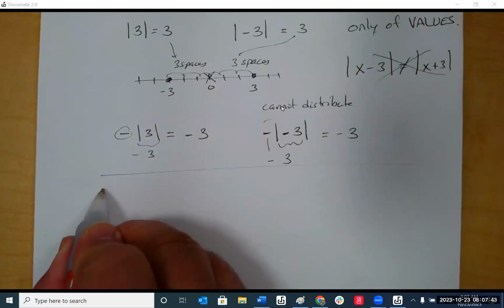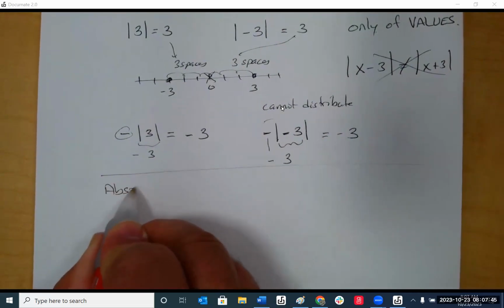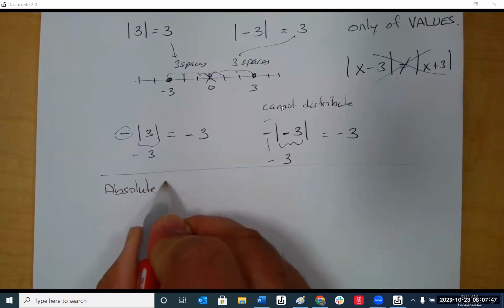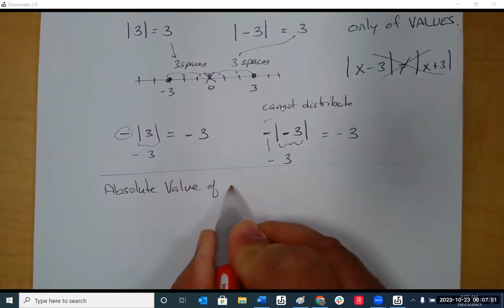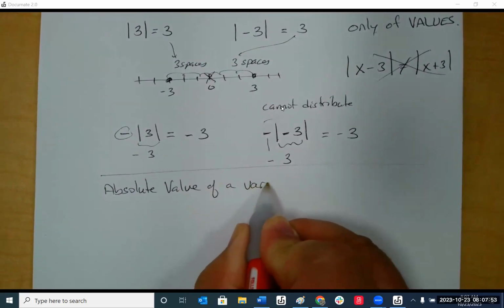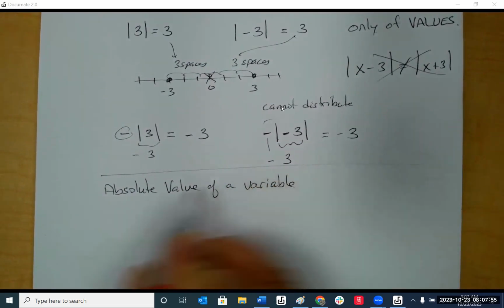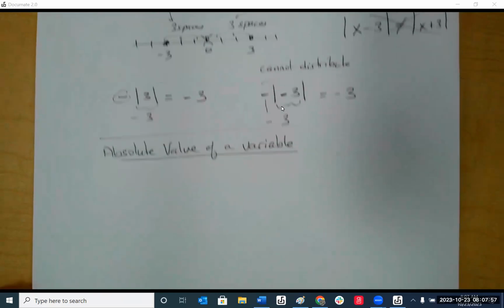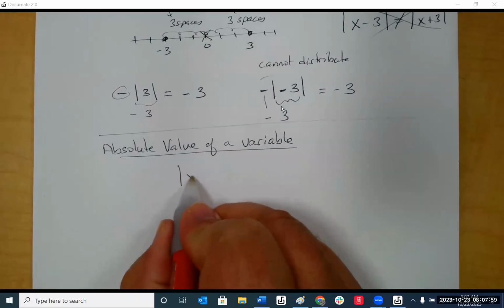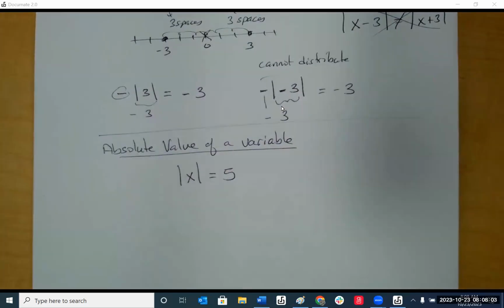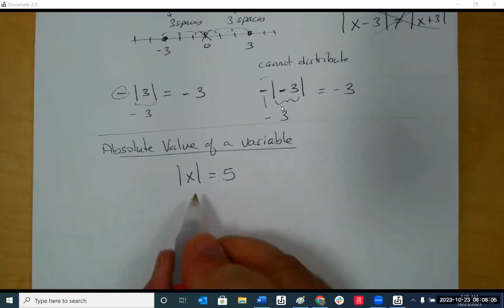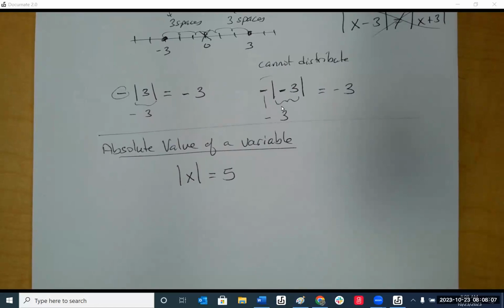Now, the absolute value of a variable. If I said the absolute value of x is equal to 5, what can x equal?